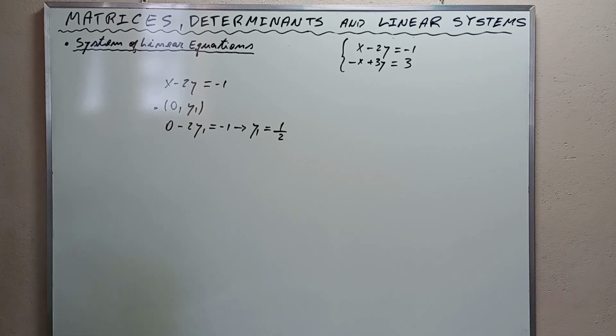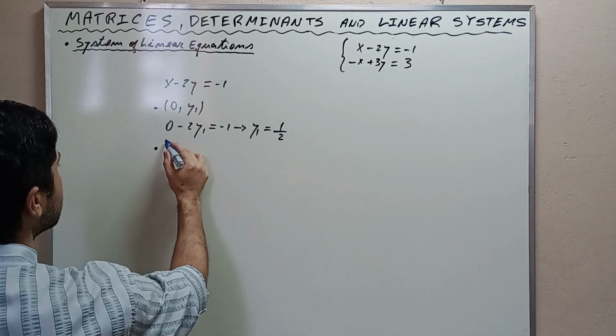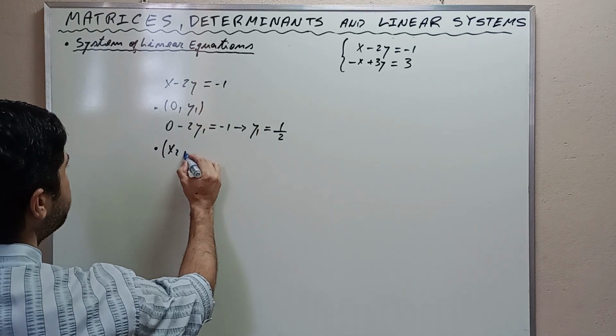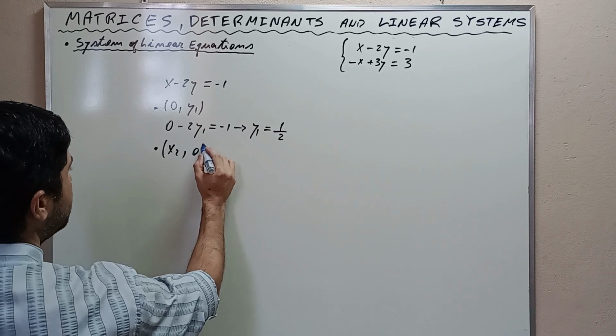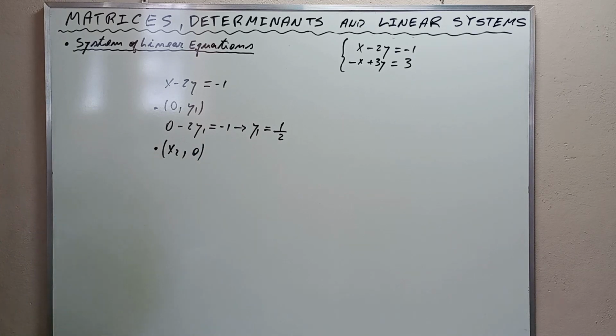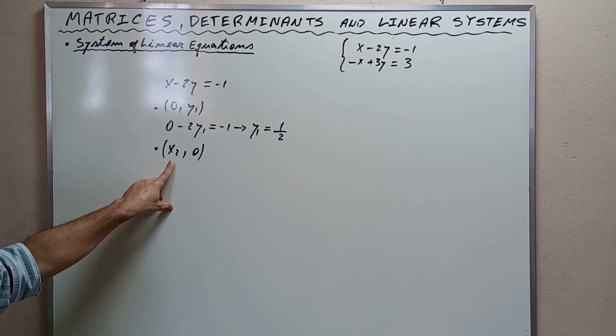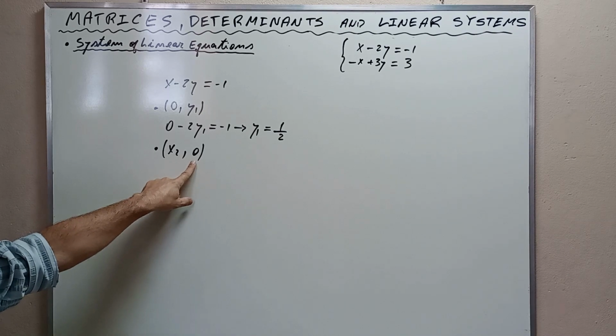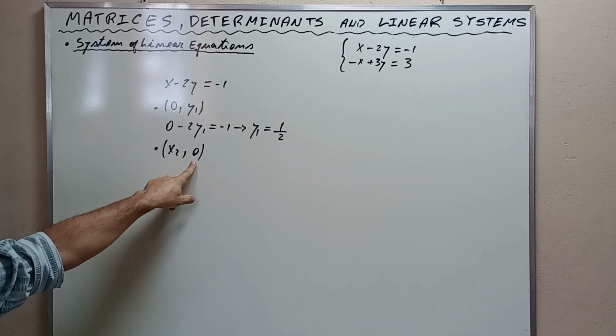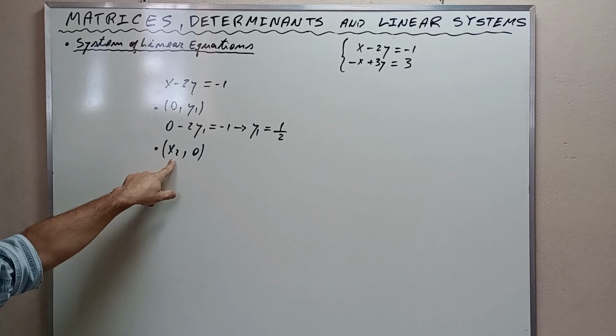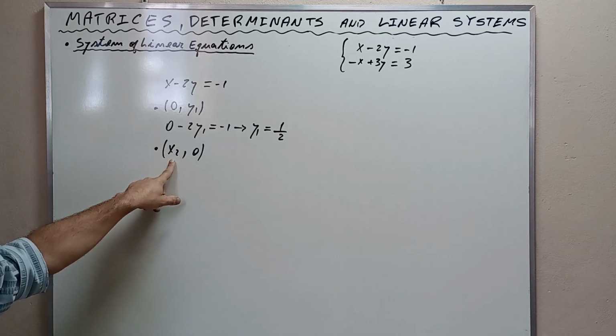Similarly, the point of intersection of the line with the x-axis is x2 and 0. At the point the line intersects the x-axis, the y-coordinate is 0 and the x-coordinate is a number.